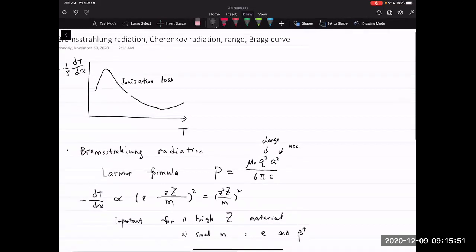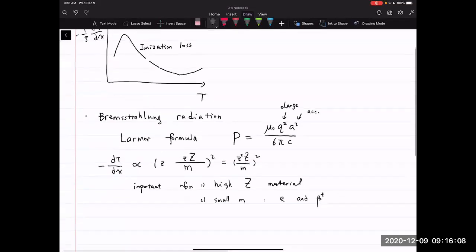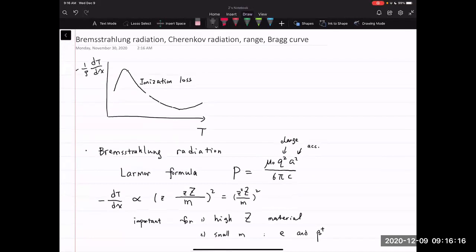Compare this to the above figure, the stopping power due to ionization loss. This stopping power is due to the Bremsstrahlung radiation. It is radiation, so we call this loss of energy the radiation loss. When we send in light charged particles like electrons to materials, we have a combination of both. The electron can interact with the electrons inside the material and cause ionization of the material, and that stopping power is described by the figure above.